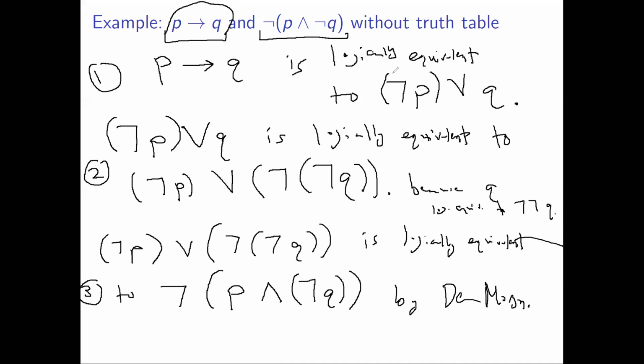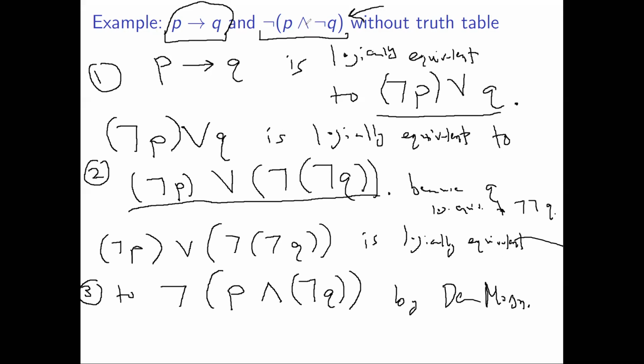P implies Q is logically equivalent to not P or Q. And that we talked about in the last video. And then we took this one, not P or Q. That's logically equivalent to not P or not Q. And then we took this one, not P or not Q, and that's logically equivalent using De Morgan's law to not (P and Q). And that is the one that we were trying to get over here.